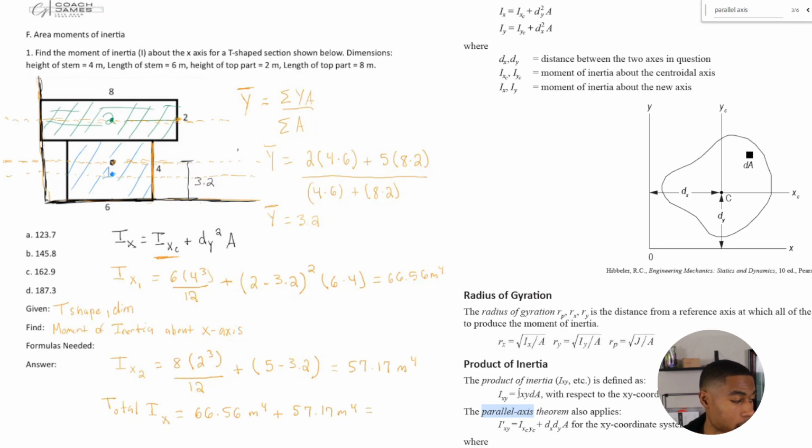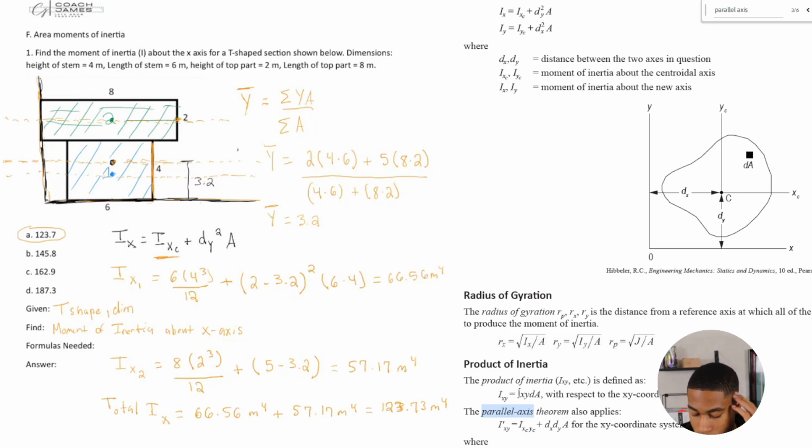That's going to give you your answer, which is 123.73 meters to the fourth. So that looks like that's A.